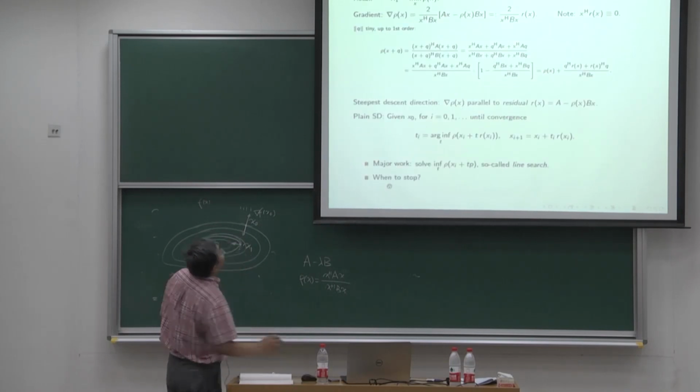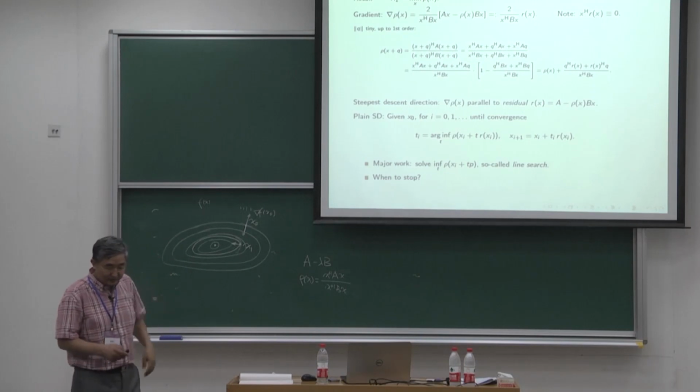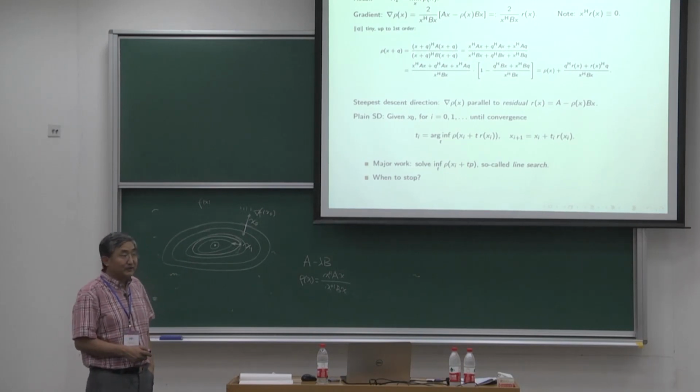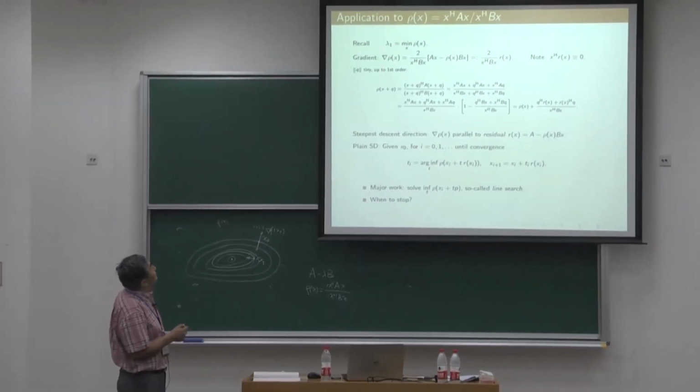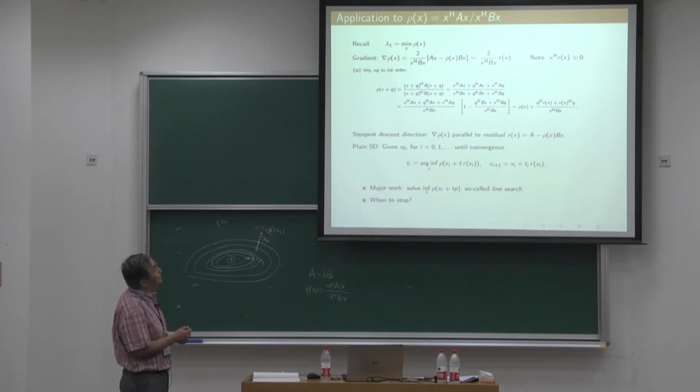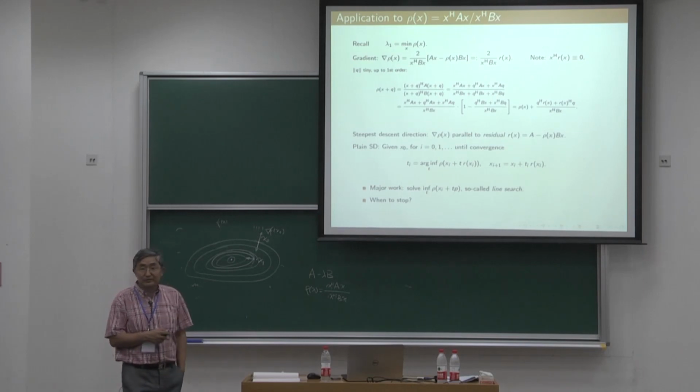Now here you see a serious difference between a complex variable or not. We're looking for lambda 1, which is the min of x A x over rho x. And the gradient, if you look at a lot of books, is calculated as equal to 2 over x B x times A x minus rho x B x, a so-called residual.